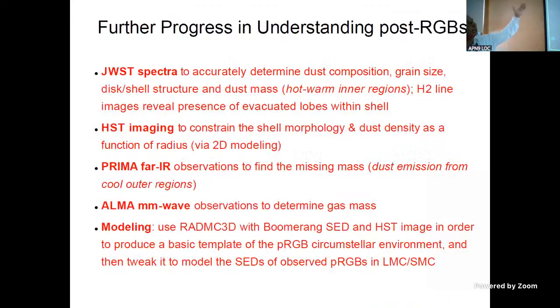So again, as I've already said, we need JWST spectroscopy, and thankfully we have the time now for at least about 5-6 objects. We have HST imaging, which we would like to get, PRIMA, which will hopefully come along in about 8 years or so, for far infrared observation to detect the missing mass, and ALMA millimeter wave observations to determine the mass of the gas. And as I mentioned, we need good modeling to model all these things.